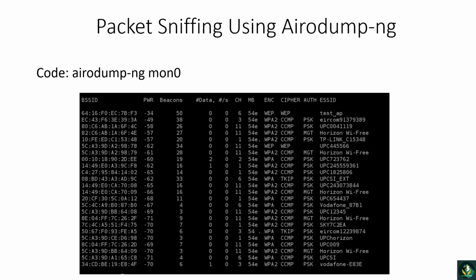This is the number of beacons that each access point is sending, and the number of useful data points that we have sniffed. We will talk about this later when we start talking about WEP decrypting and WEP encryption, so we will just leave this for now. And this is the number of packets that we have collected in the past 10 seconds. As you can see, we have 0 in here.